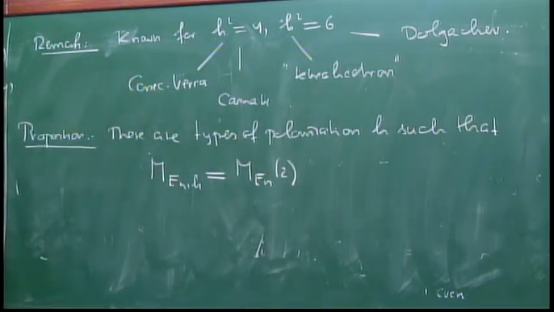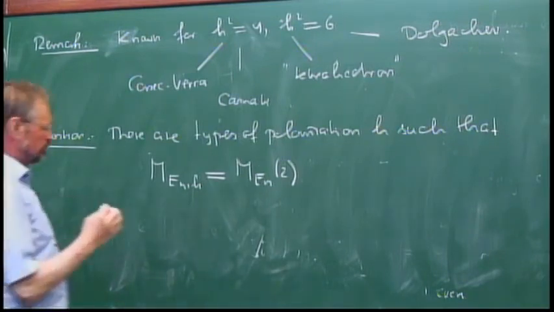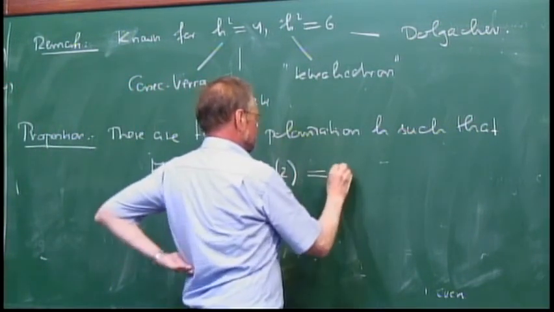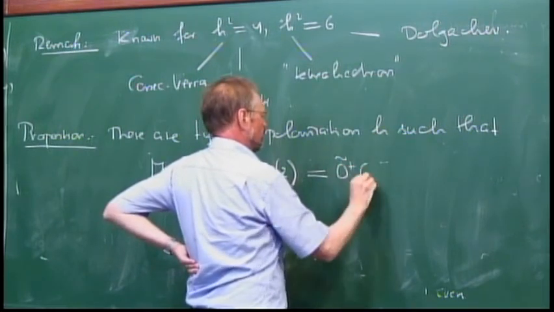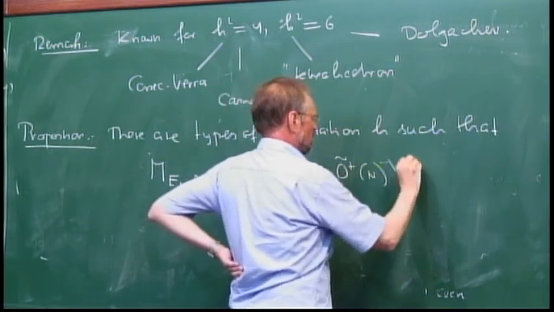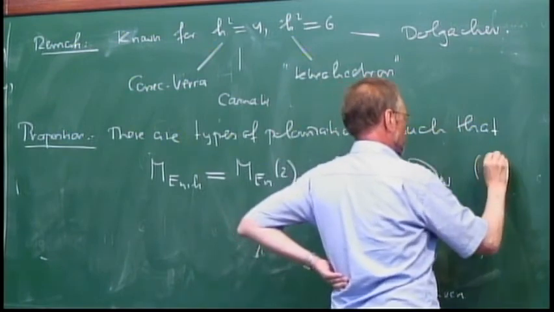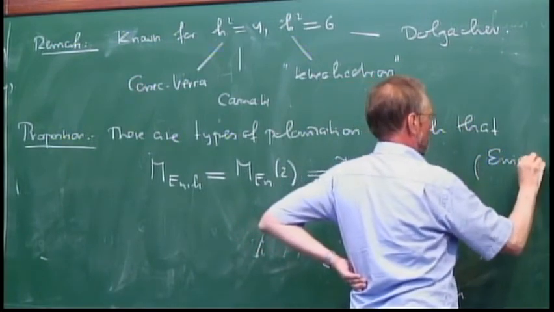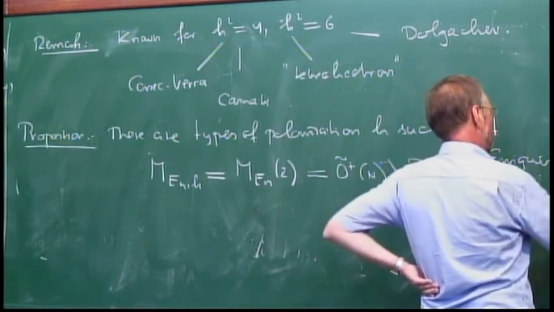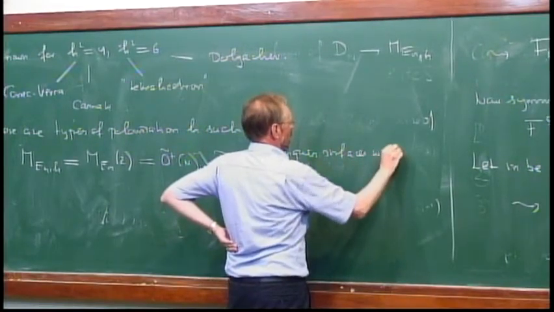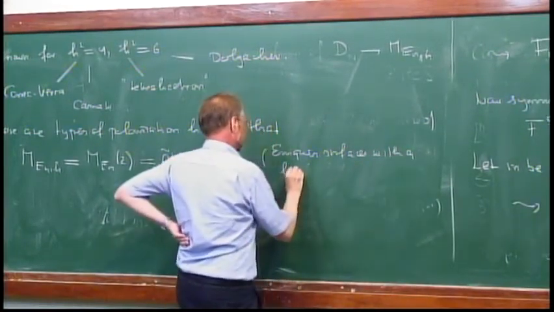This is referred to as the moduli space of Enriques surfaces with a level 2 structure, which is O tilde plus of n modulo dn. So Enriques surfaces with a level 2 structure.